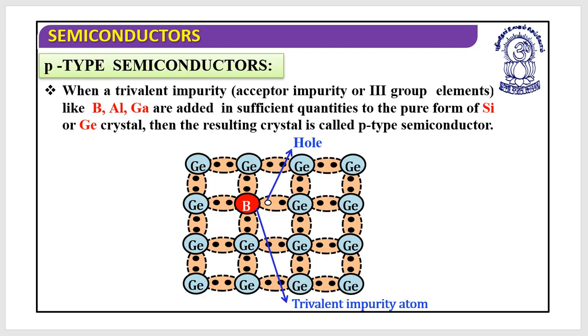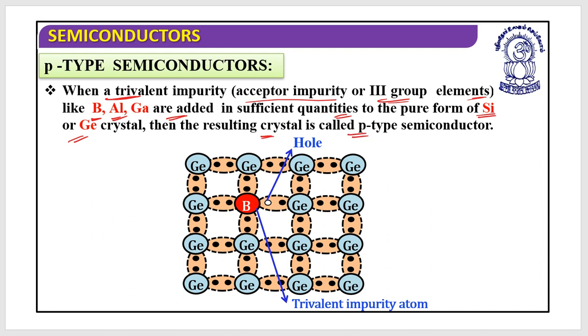When we say P type semiconductors, it's when a trivalent impurity, also known as the acceptor impurity, or group 3 elements like boron or aluminum, are added in sufficient quantities to the pure form of silicon or germanium crystals.